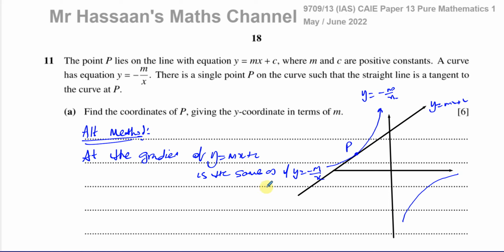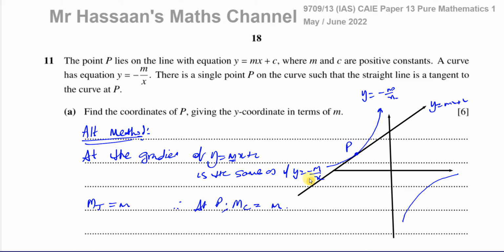They share the same gradient. And we can say that the gradient of the tangent is equal to m. It's actually m, because y equals mx plus c, and this is the gradient of the straight line. So therefore, the gradient of the curve at P is equal to m.